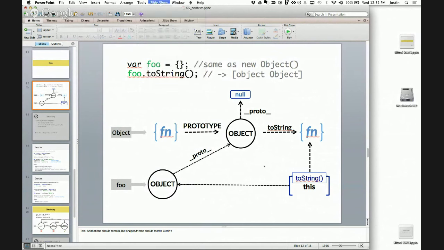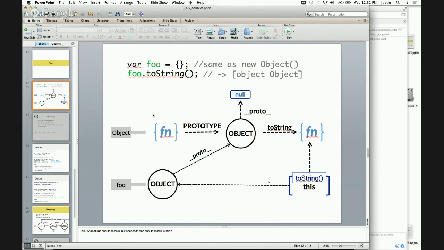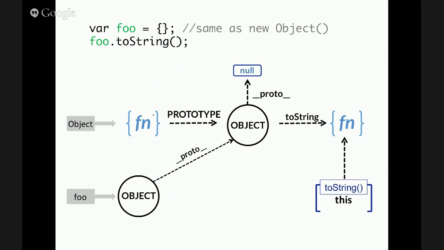And then finally, when foo.toString is actually called, a call object is created that knows about the function that was called. But this, because we called foo.toString, is going to point to foo, because that's what this is when this function is called.